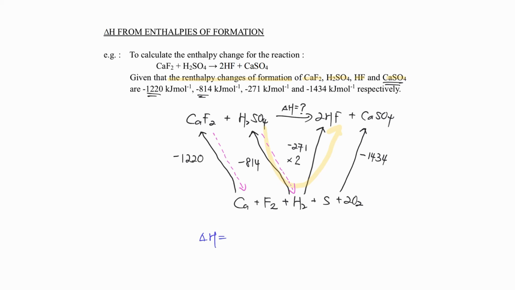After reversing the arrow, we have to change the sign of the enthalpy change. Therefore, we will have positive 1220 for the first arrow.